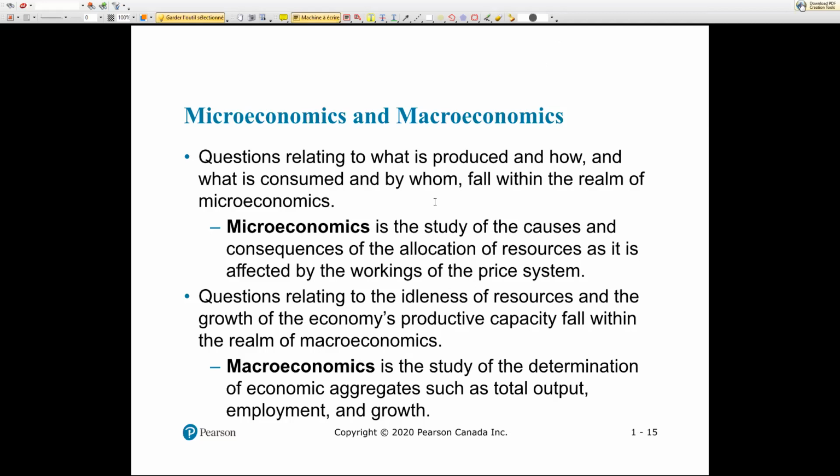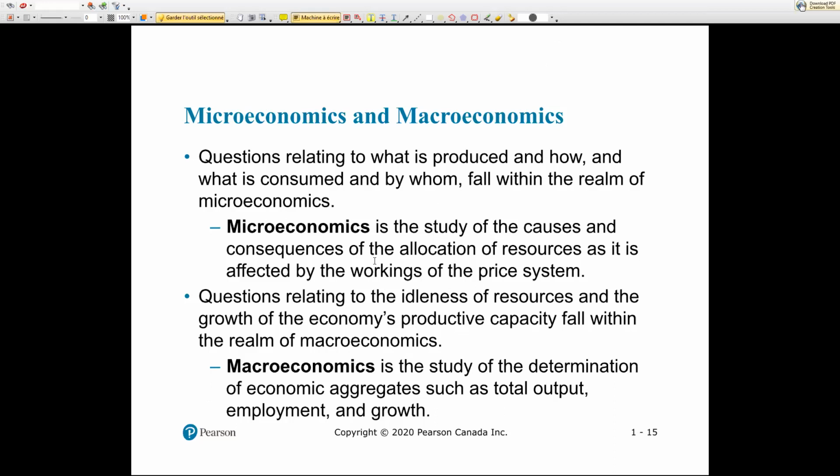And idleness of resources is a macro question. But of course, the distinction is not always clear-cut. Good economics usually talks about this part and then this part too. And you're going to see in macro that a lot of modern macroeconomic models, or maybe almost all of them, are what we say micro-founded.